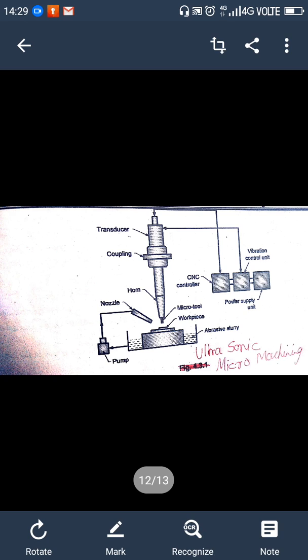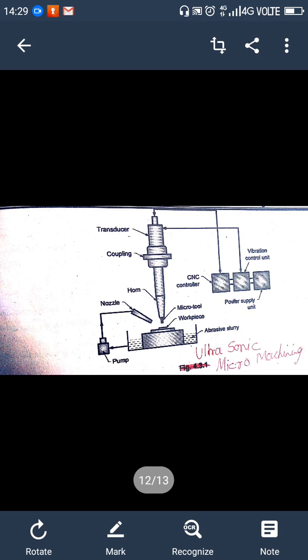Discussing its working principle, when the vibrating tool head hits the free abrasives in the slurry, they are set in momentum, which provides an impact on the workpiece surface. On continuing repetitive impacts, localized fatigue stress is developed, resulting in microchipping and hence removal of material from the workpiece.